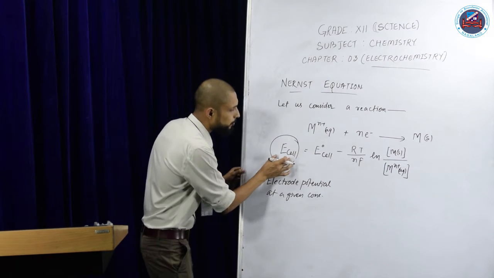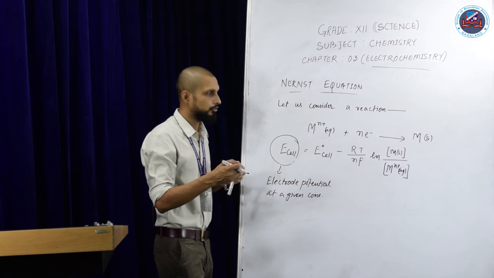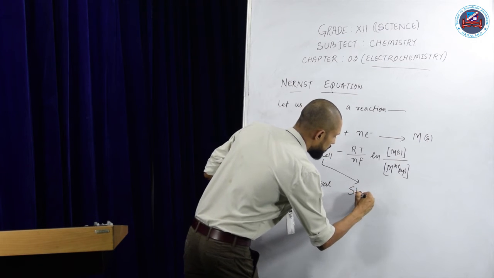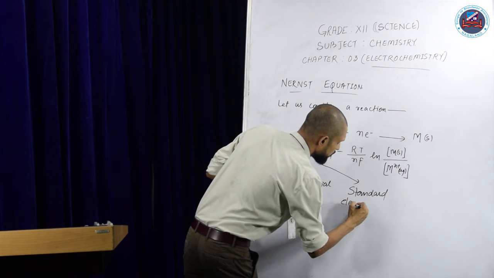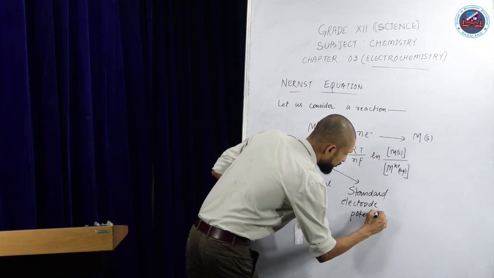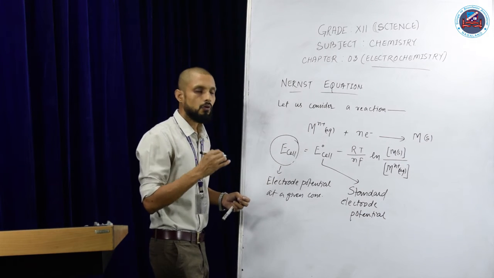So this is the electrode potential when we change the concentration, that means at a different concentration. E naught cell is the standard electrode potential. So this is the electrode potential when the concentration is equal to 1.